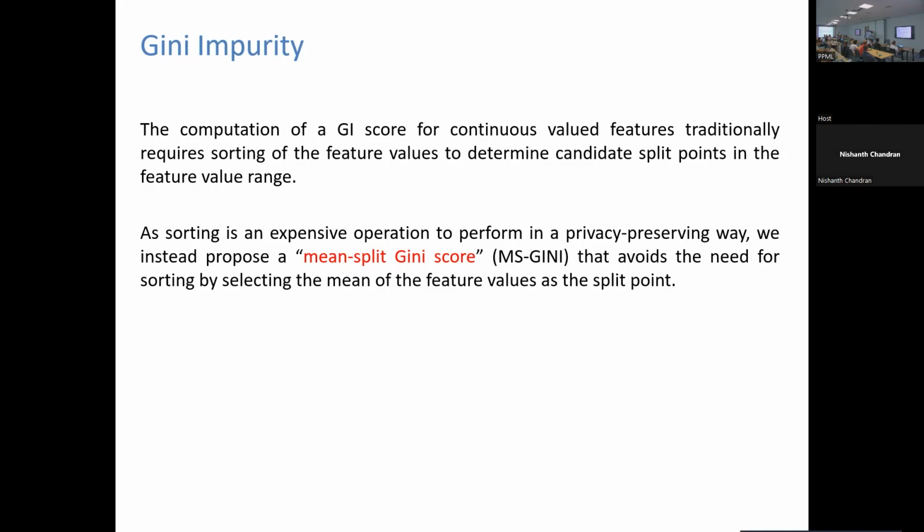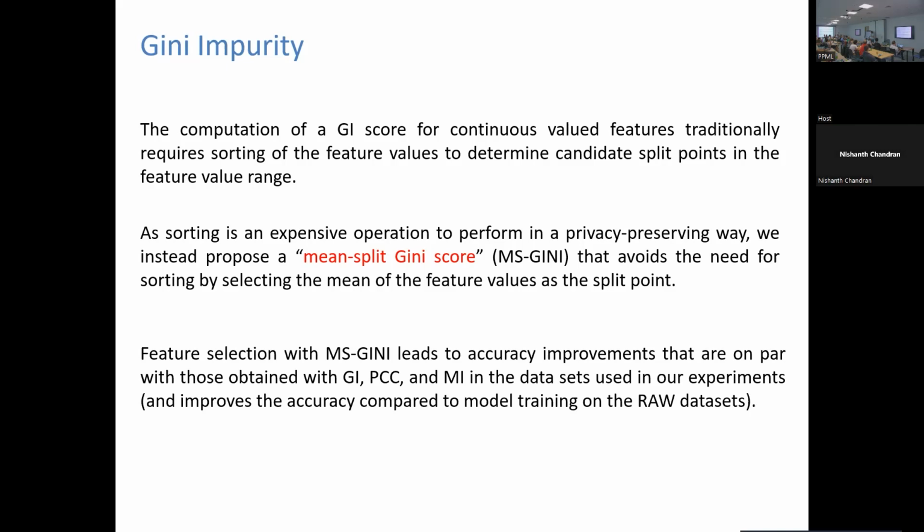I'm not saying that this will be on par for all data sets, but as I mentioned before, we picked some data sets before starting this, and we did experiments, and for many data sets, this works very well and is on par with the traditional Gini score.